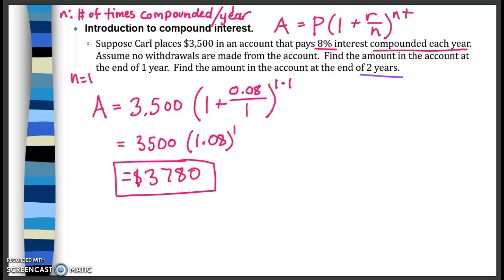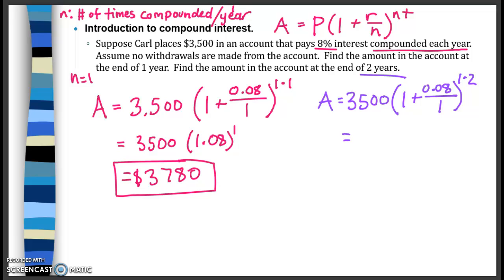Now, let's do it at the end of 2 years. So our principal is still $3,500 times 1 plus our rate is still 0.08. Our N is still 1 because it's per 1 year, or it's compounded each year. And then to the power of N, which is 1, times T, which is 2.